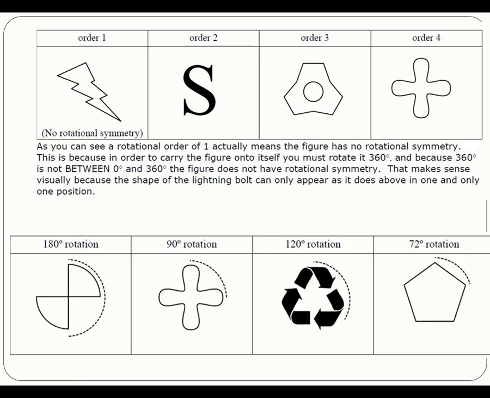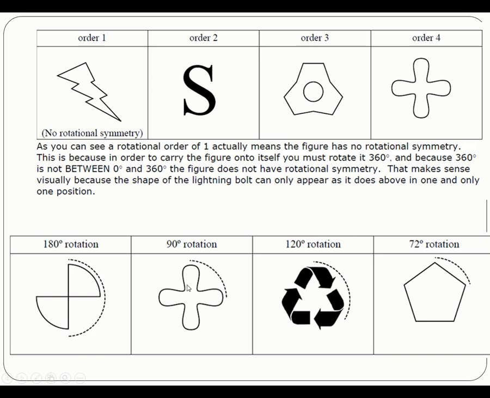Now, the final thing we were talking about is the degree of rotation. Since this one had order 2, if you're rotating something 2 times, the angle of rotation is 2 divided into 360, which is 180. So you rotate 180 degrees, and it will look like itself.